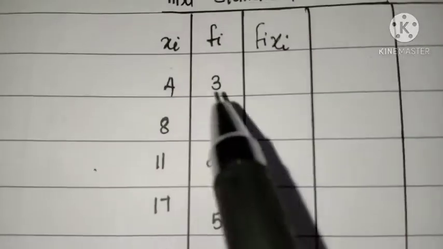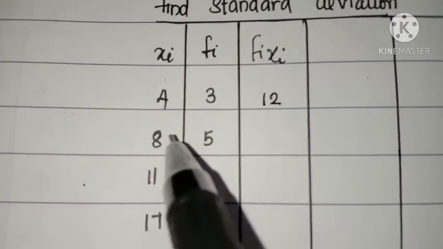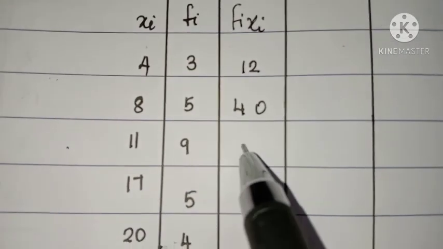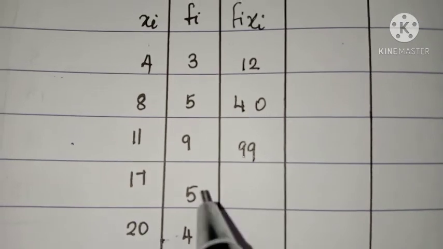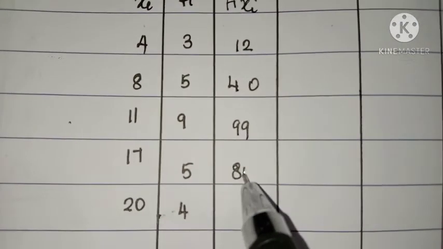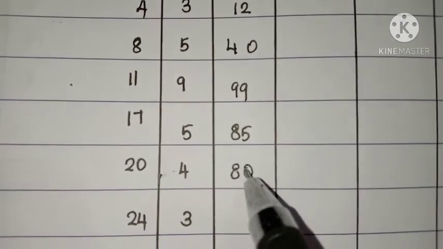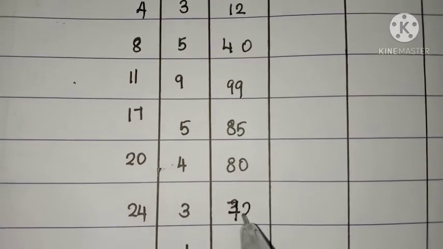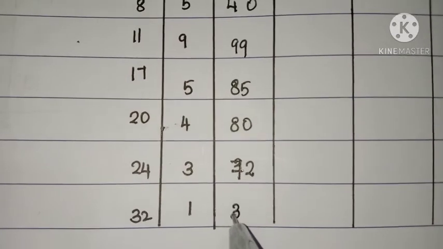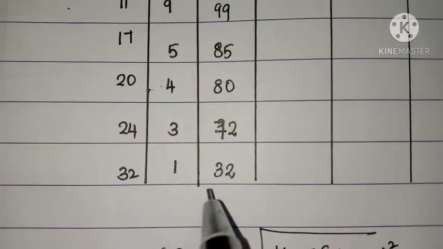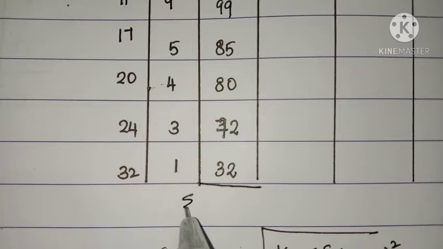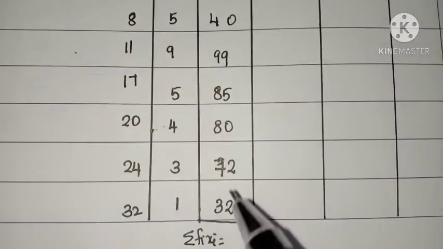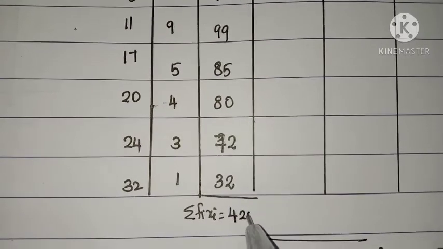So 4 into 3, 12. 8 into 4, 32. 8 into 5, 40. 11 into 9, 99. 17 into 5, 85. 20 into 4, 80. Then 24 into 3, 72. Finally 32 into 1, 32. Now what is its sum? Sigma fi xi, the sum of all these values, is equal to 420.